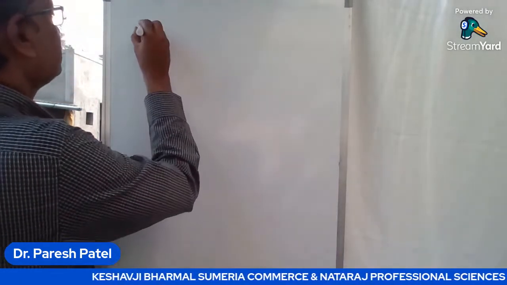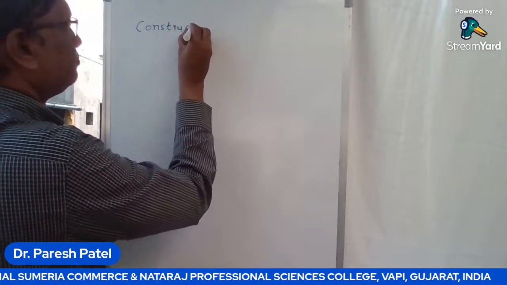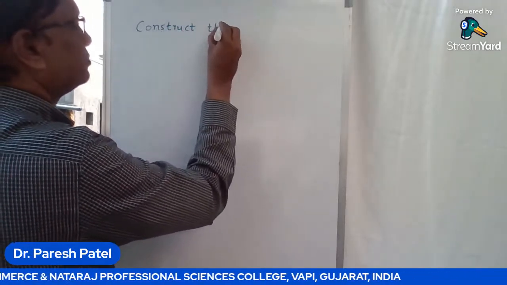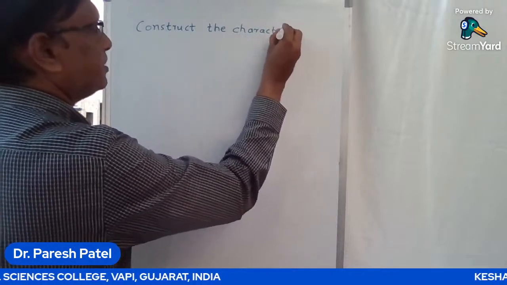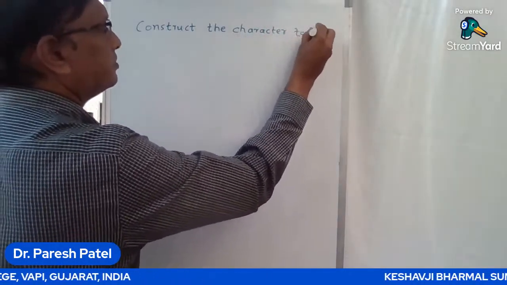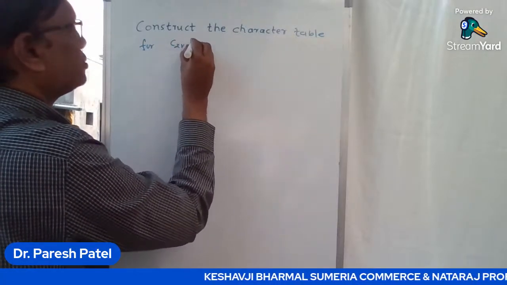So first, construct a character table for the C2V point group.